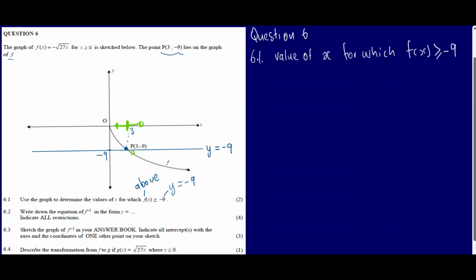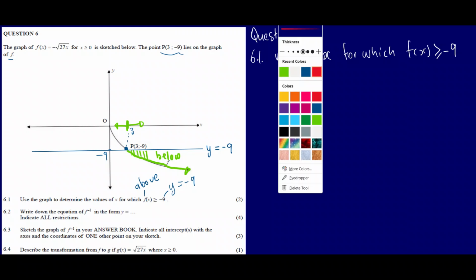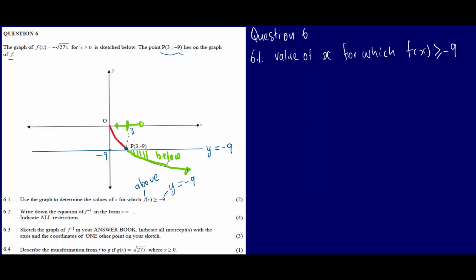Do you see that? Because going to the right, the graph is below the line y equal to minus 9, but then the graph is above at this point.